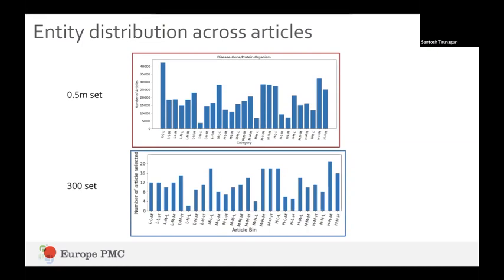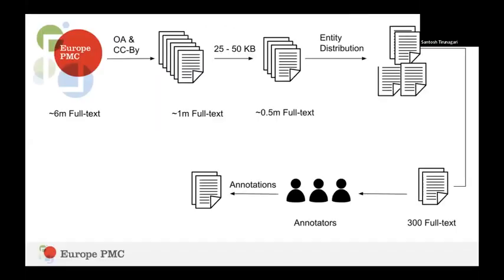We will have the exact same distributions, but we will have selected fewer articles from each bin in such a way that they have very good representation. So now we have 300 full text articles, which we call our gold standard article set.